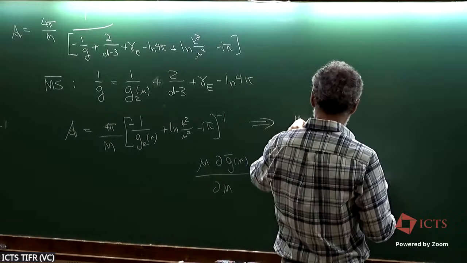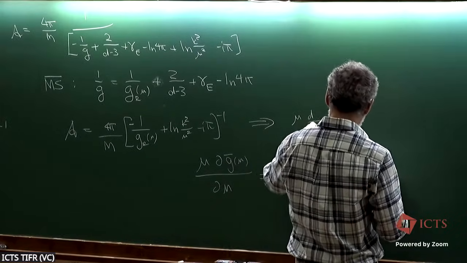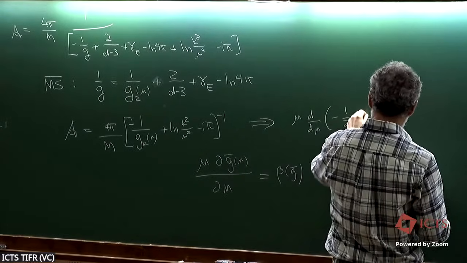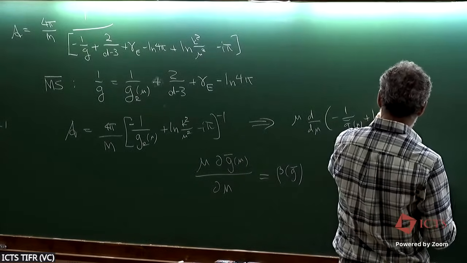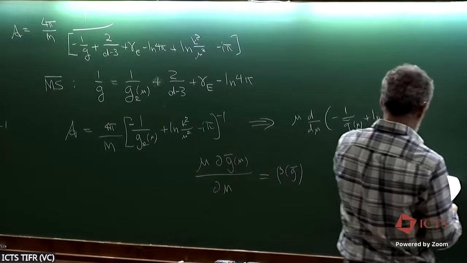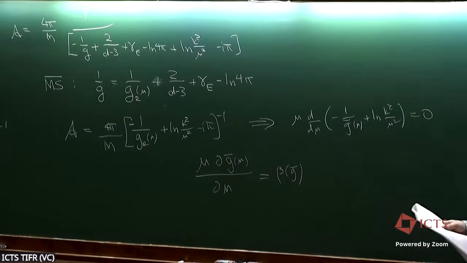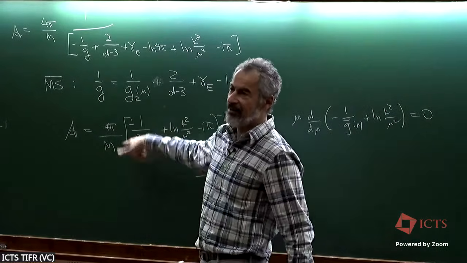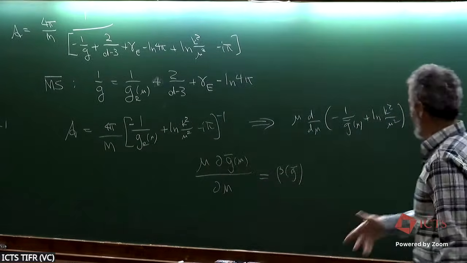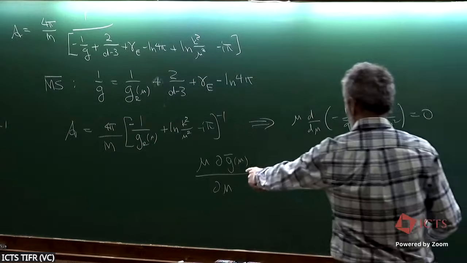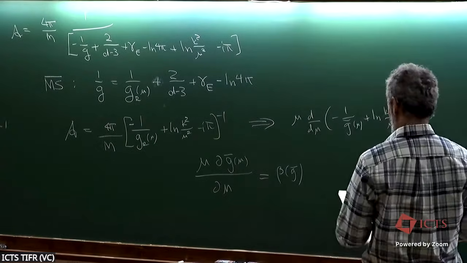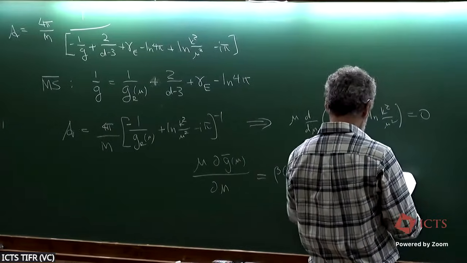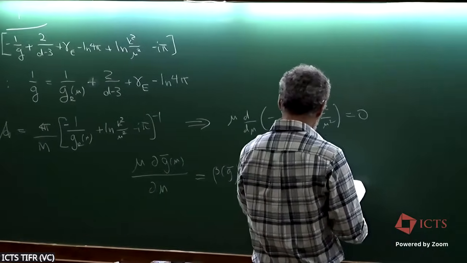Therefore, mu d by d mu of minus 1 over G bar of mu plus log k squared over mu squared must be 0, because this mu dependence has to be soaked up by that, because the amplitude can't depend on it. From that, we get an equation for the beta function, which is that this is equal to 2 G bar of mu squared.